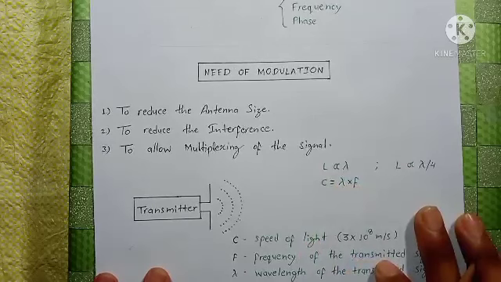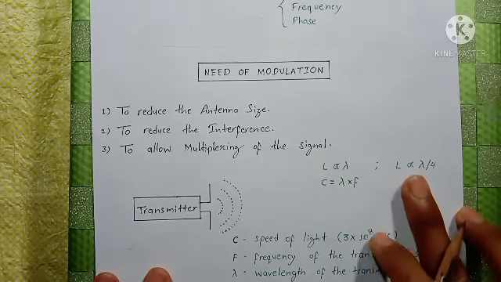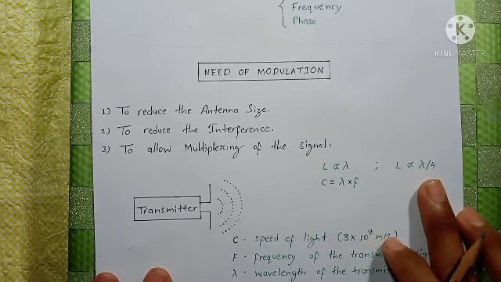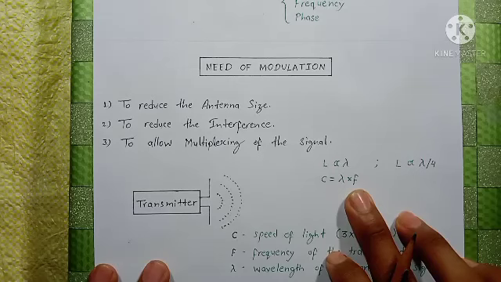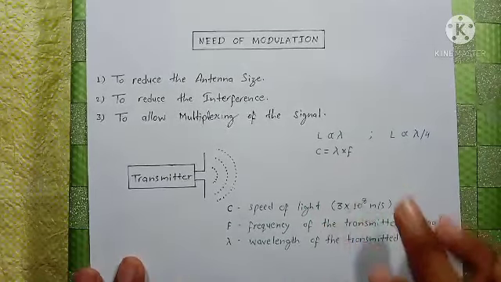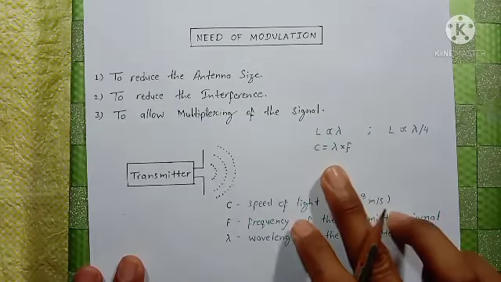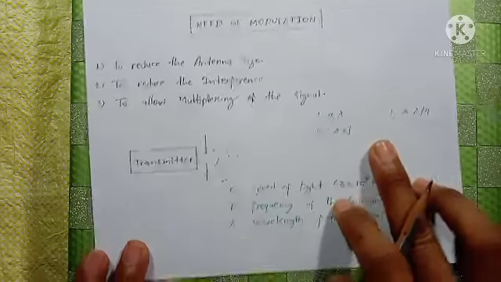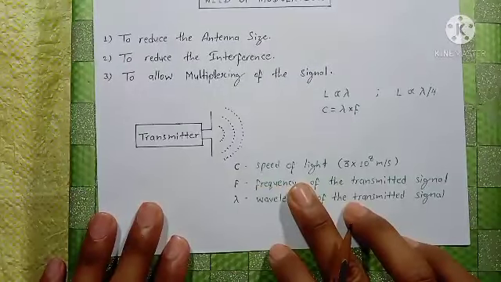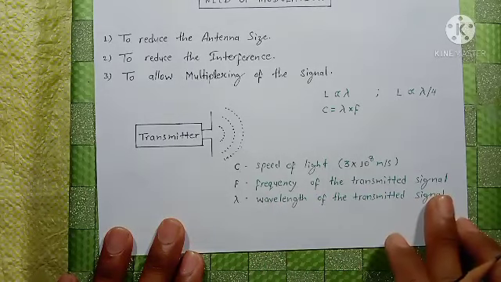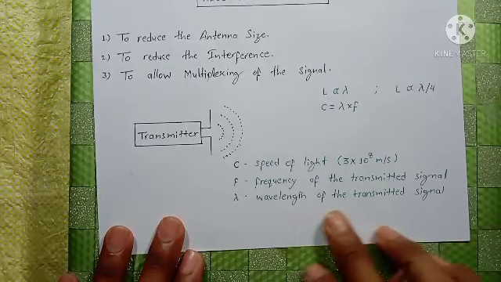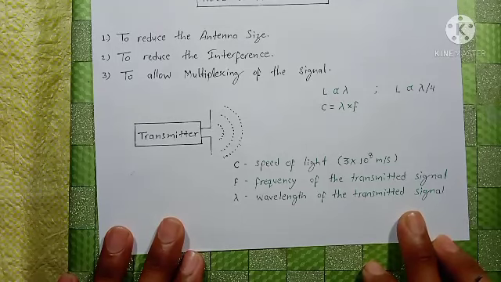Let's say the size of the antenna L is equal to lambda divided by 4. Now the relationship between frequency and wavelength is given by C is equal to lambda times F, where C is the speed of light, F is the frequency of the transmitted signal and lambda is the wavelength of the transmitted signal.